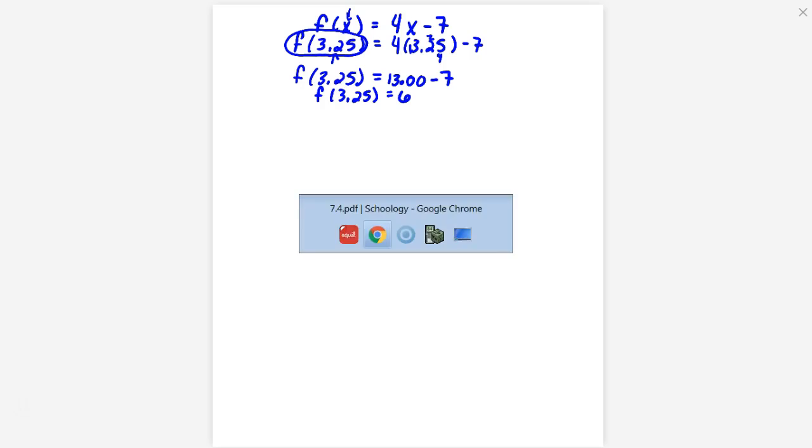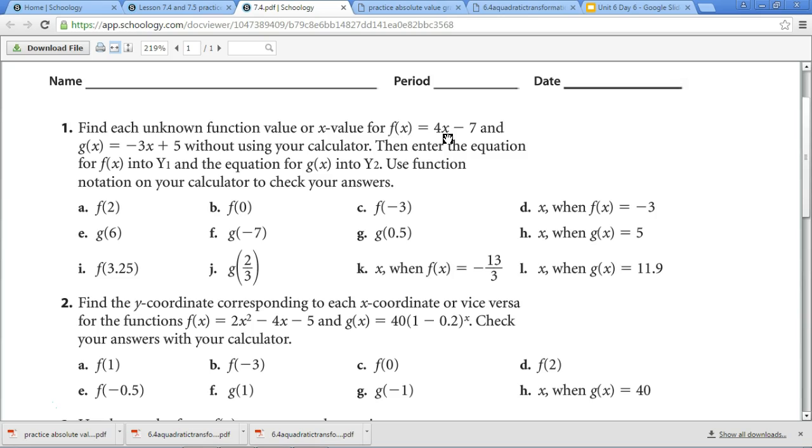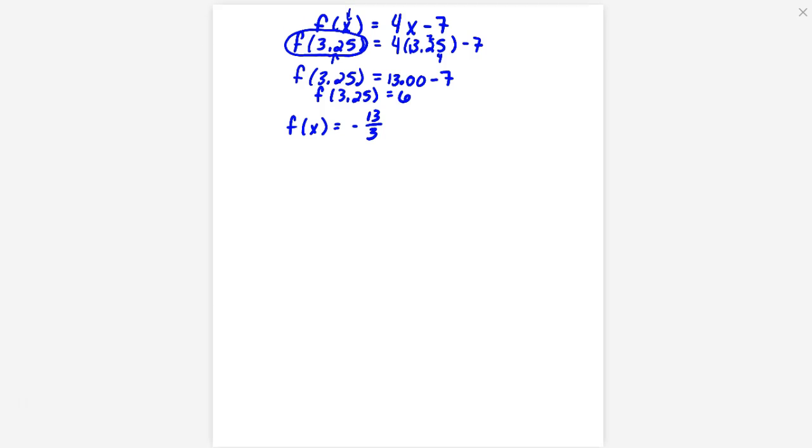Now, let's take a look at going the opposite way on one of those. If you look at, let's see, k, find x when f of x is negative 13 over 3. Okay, let's do that.